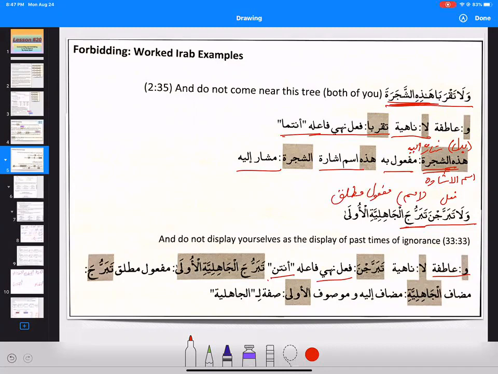So tabarrujal jahiliyatil ula. This is our maf'ul mutlaq, and tabarruj is mudaf, and jahiliyati is jar, so that is our mudaf ilayhi. And al-ula, jahiliya has al, and ula is feminine because of alif maqsura, ta marbuta. So they are matching in 4 properties. So they are sifa mawsuf.